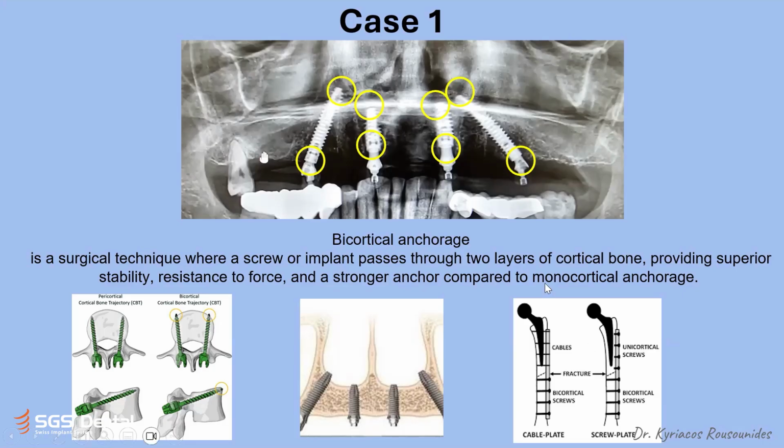We've tried to copy this in the mouth, and we see here the bony part, the cortical part of the nose. We see the cortical part of the edge of the mouth.